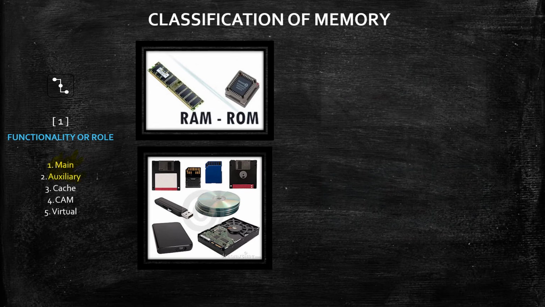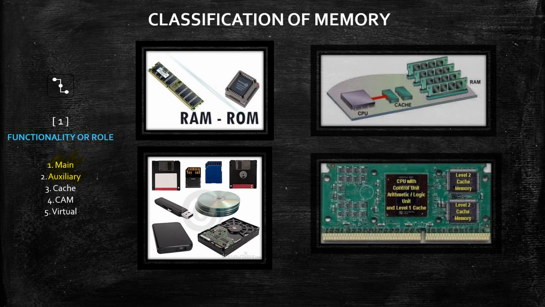Then we have the cache memory. We know that cache comes with three different levels. Two levels you can find outside the processor and one inside the CPU. Here you can see level 2 cache and level 1 cache.